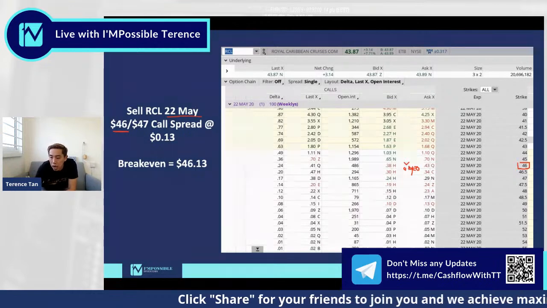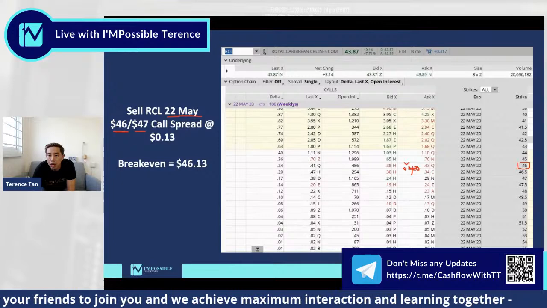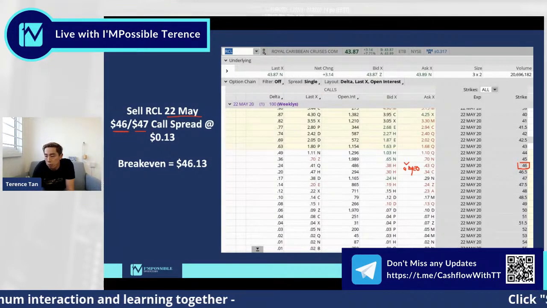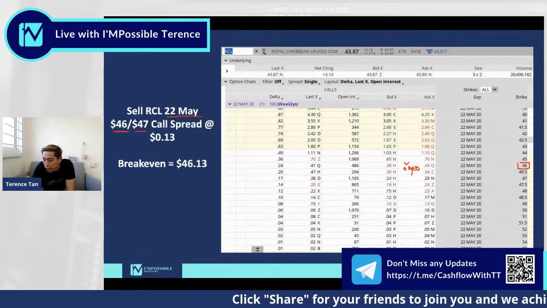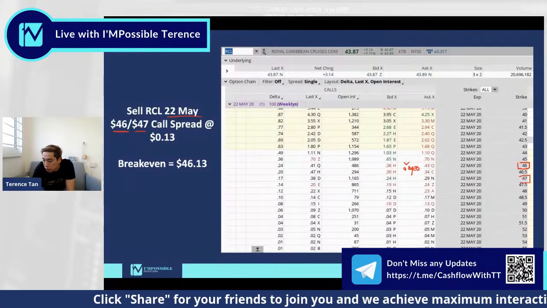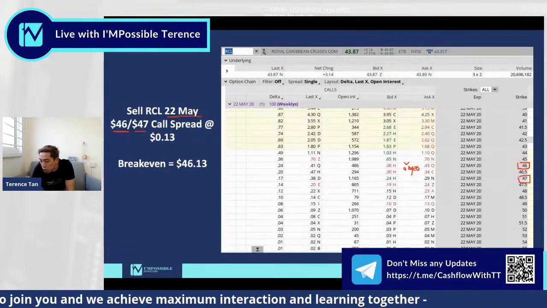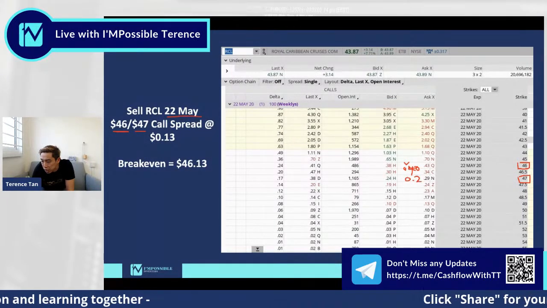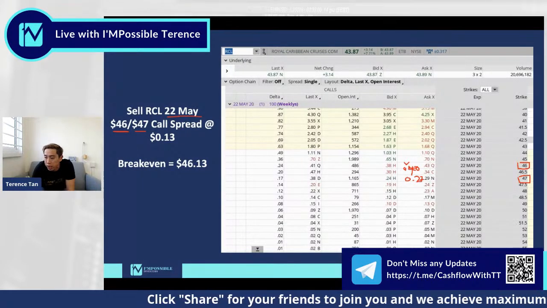Now, if instead right after that you spend a little bit of the money that you've collected and use it to buy a 47 call option, a higher strike, this 47 call option will cost you perhaps around 27 cents, maybe somewhere around the ballpark of 27 cents.